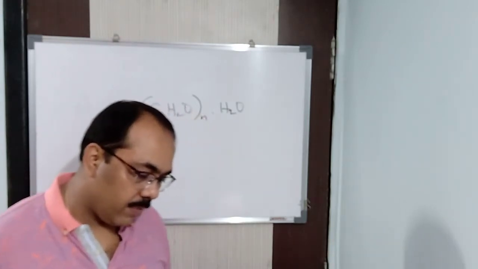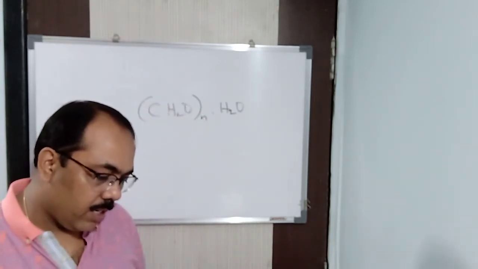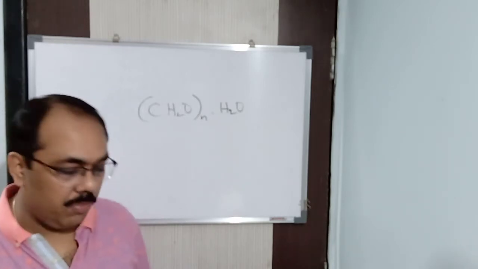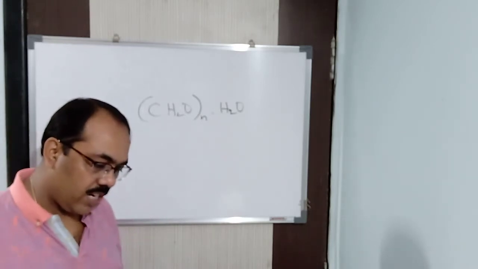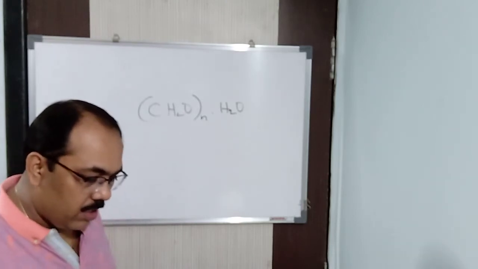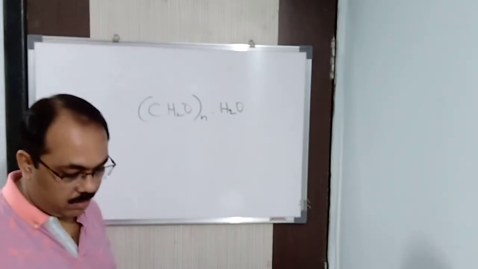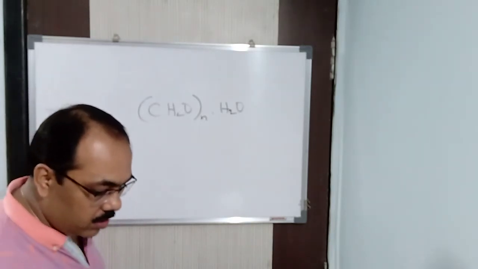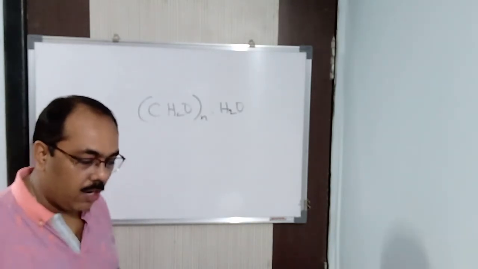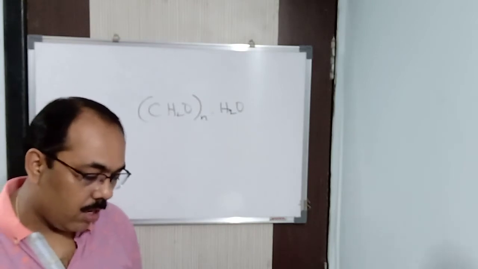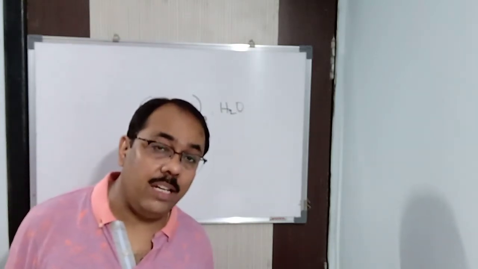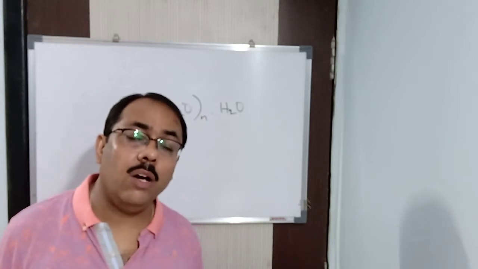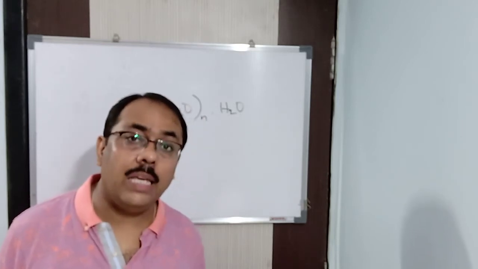Similarly, when formaldehyde gas is allowed to stand at room temperature, simply stand, 3 molecules of it polymerize to form metaformaldehyde, or trioxymethylene, also called trioxane.